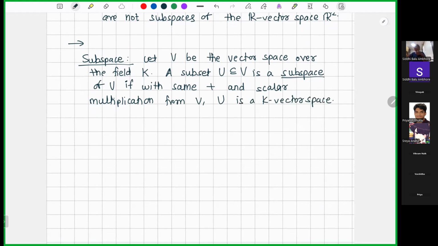So when I say K vector space, it means vector space over K. Okay, so that is the definition.